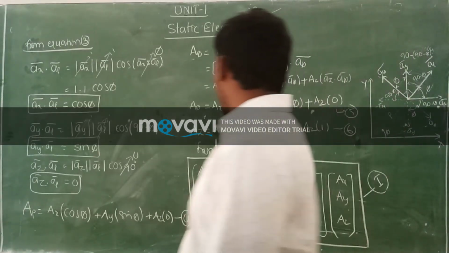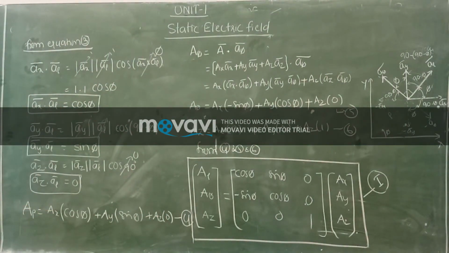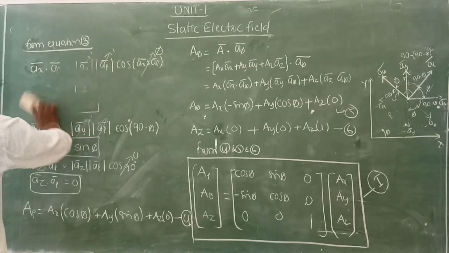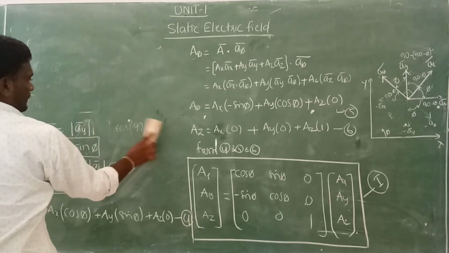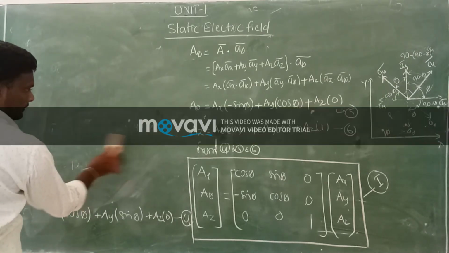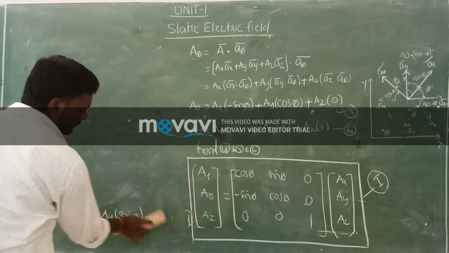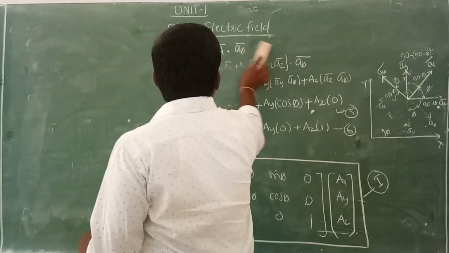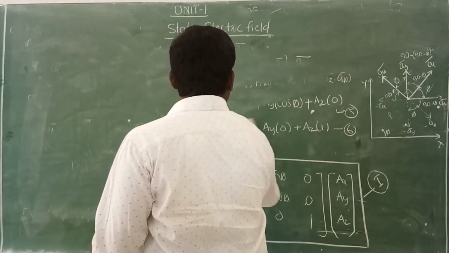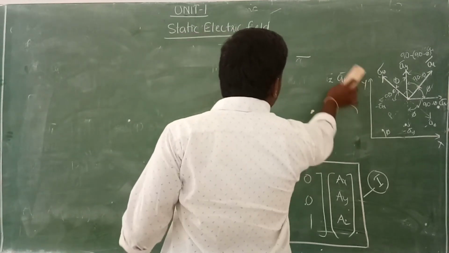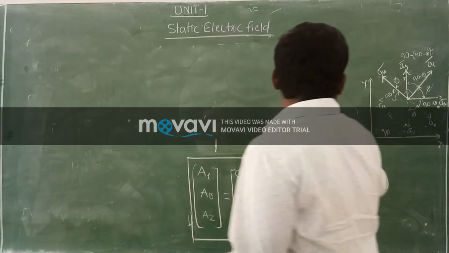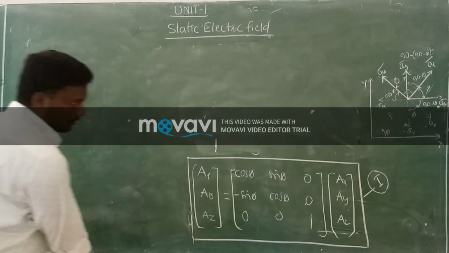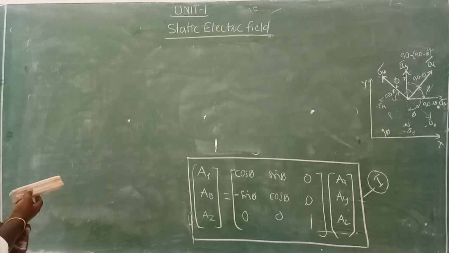Okay. Now see, this is the transformation of a vector from Cartesian to cylindrical.